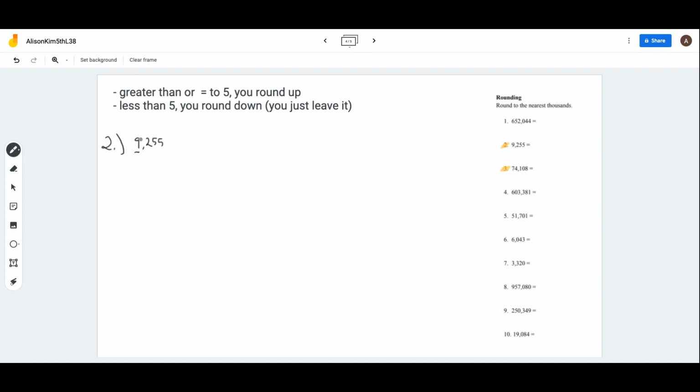So if we want to round the 9, we're going to have to look at the number behind it, which is 2. And we see that 2 is less than 5, so you're going to round down, which means that you just leave it as a 9. However, like I said earlier, the numbers that go behind 9 turn into zeros. So 9,255 will round to 9,000.